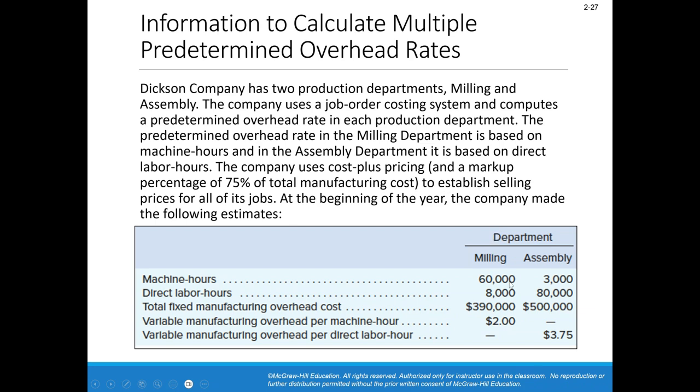So we have milling, machine hours 6,000, assembly 3,000, direct labor hours 8,000, 80,000, 390,000 for overhead, $500,000 for assembly. And so our milling department overhead is going to be this 390 plus $2 times whatever is, well, let's look at this.